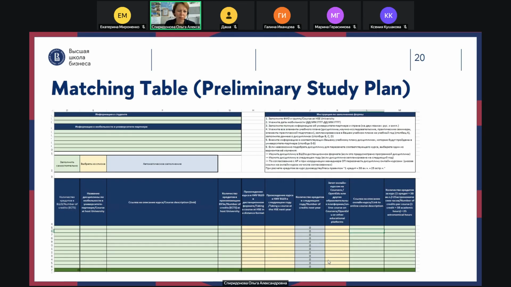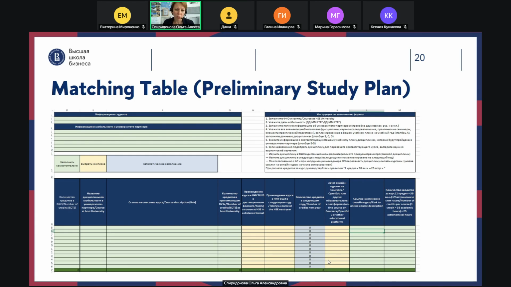This is what the matching table looks like. You write your information about yourself, about your program, and so on. There is an instruction on how to use it. You write the number of credits in ECTS. You write the course that you take in the partner university.